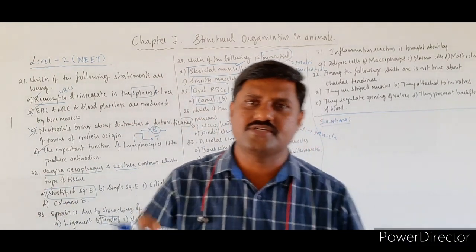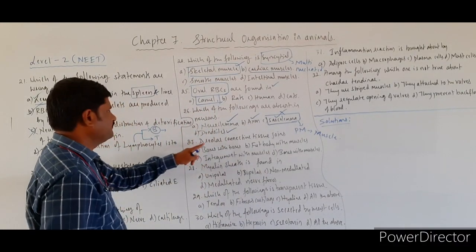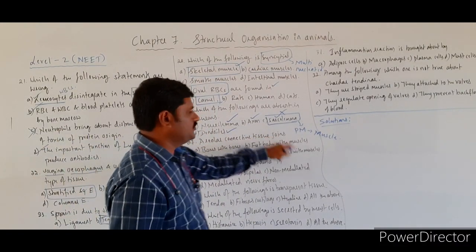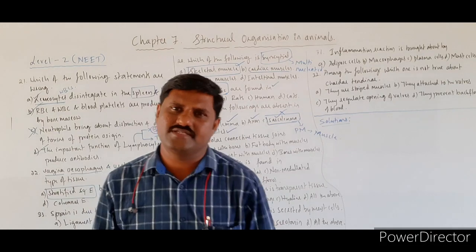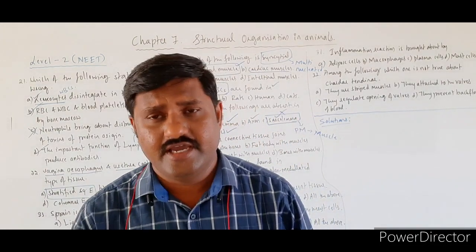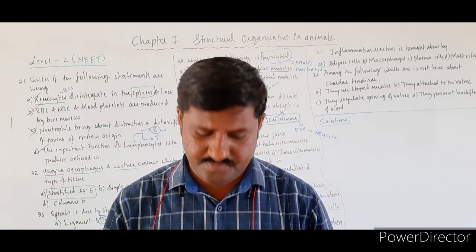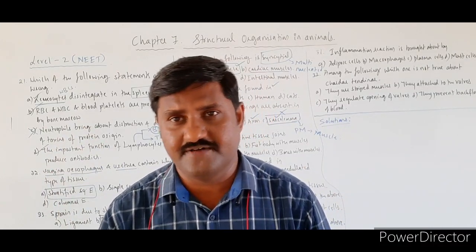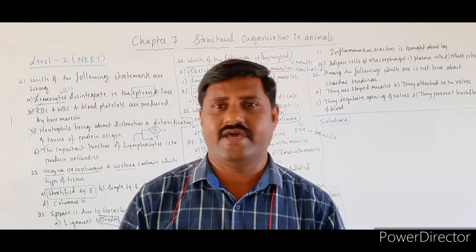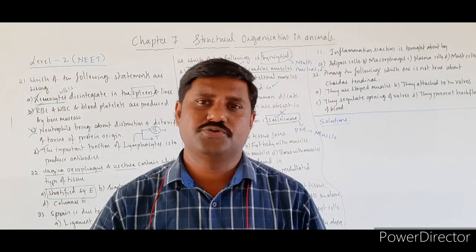And the next question is: areolar connective tissue joins... Areolar tissue is the most abundant tissue in the human body, which helps in bonding two tissues.